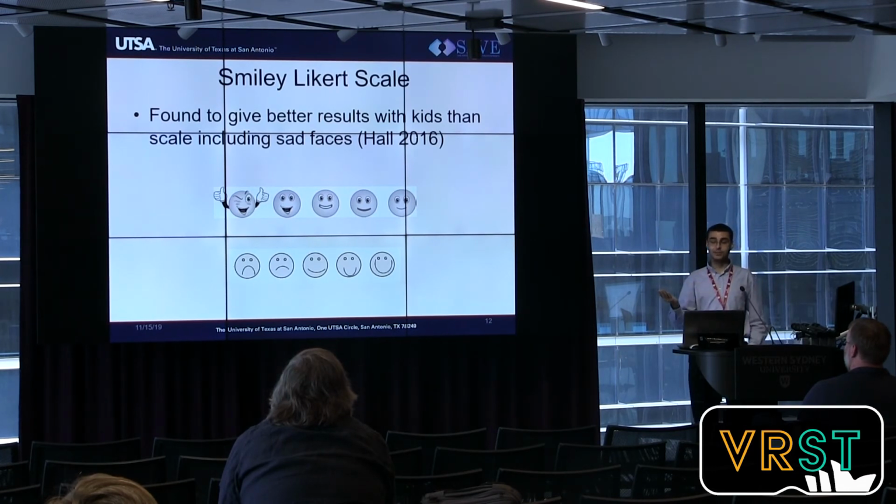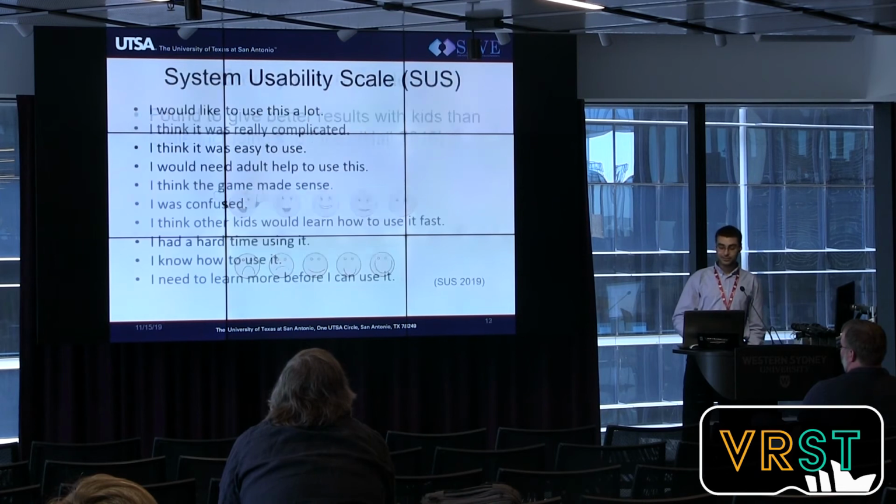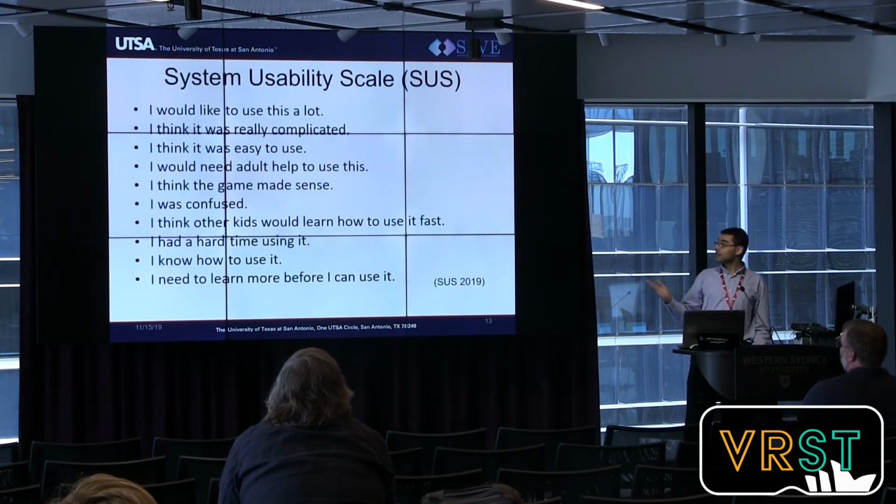So you get far more usable data if you go from something that's neutral to very positive, which is what we did for our usability scale. And for the usability scale, we had to slightly modify the language of the questions to make it more kid-friendly.